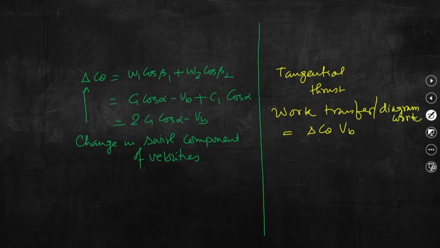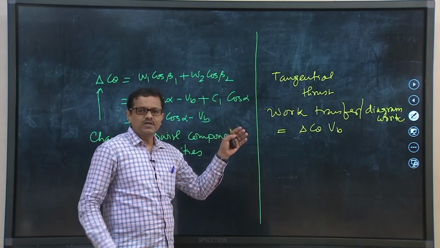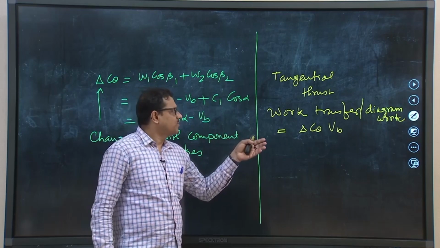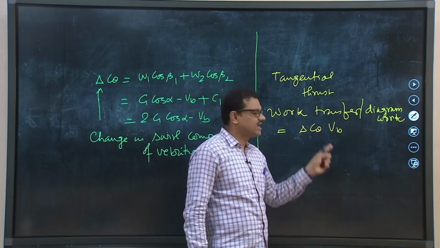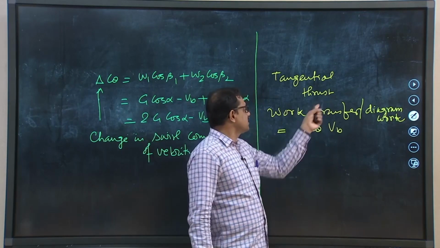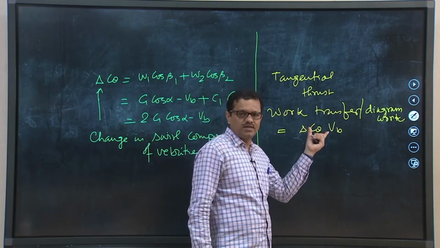Now, we are getting this work transfer or diagram work per unit mass of the steam flow rate. So, basically tangential thrust into V b is the work transfer or diagram work, and tangential thrust is delta C theta into mass flow rate of steam.